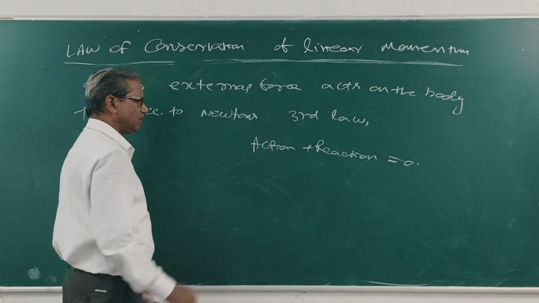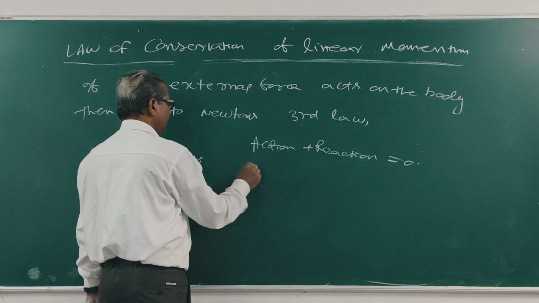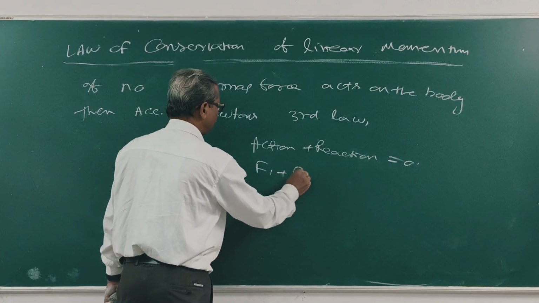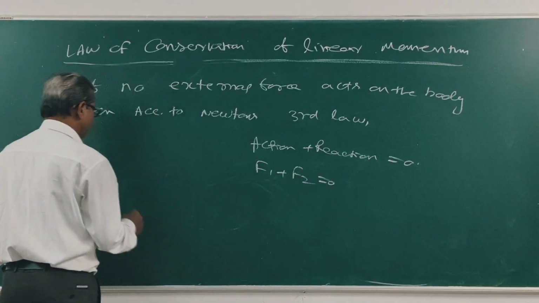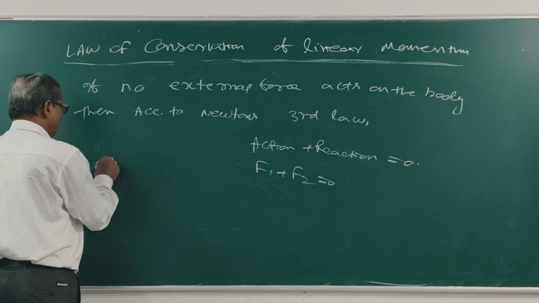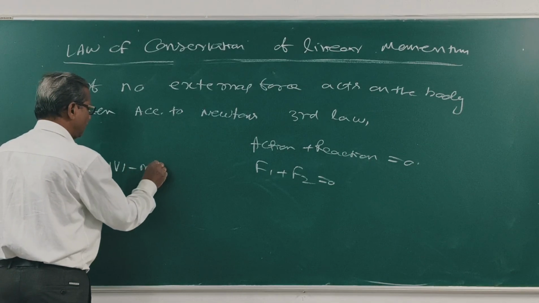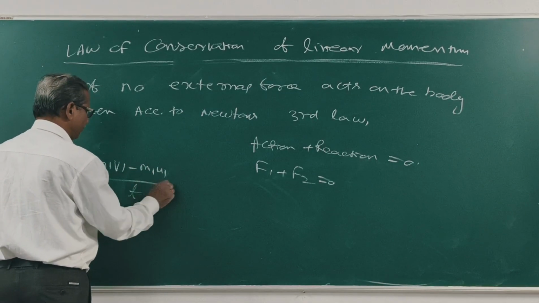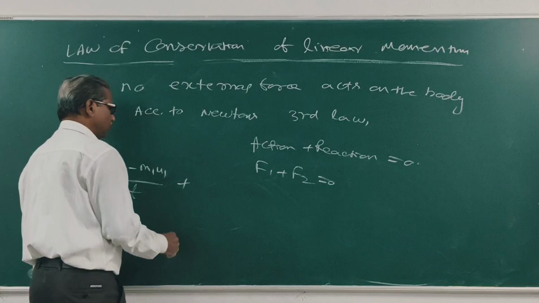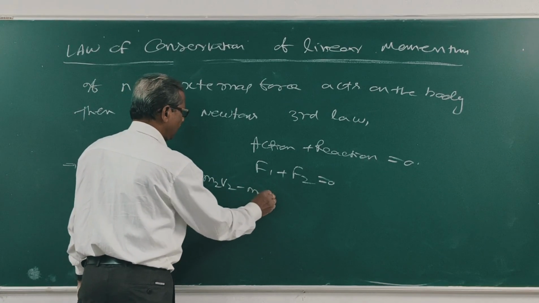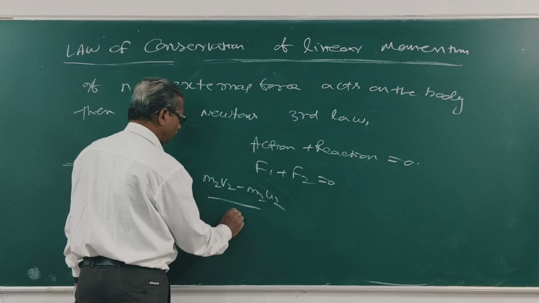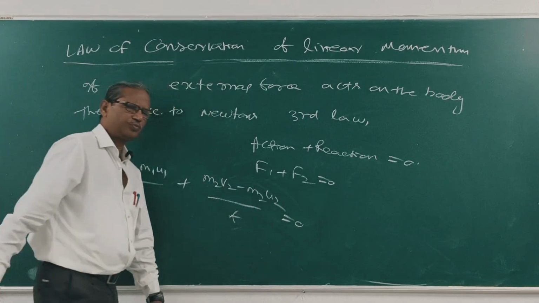That is, F1 plus F2 is equal to 0. This implies (m1 v1 minus m1 u1) by t plus (m2 v2 minus m2 u2) by t is equal to 0.